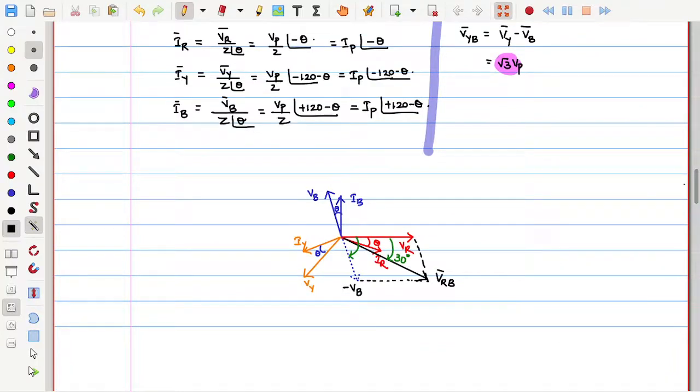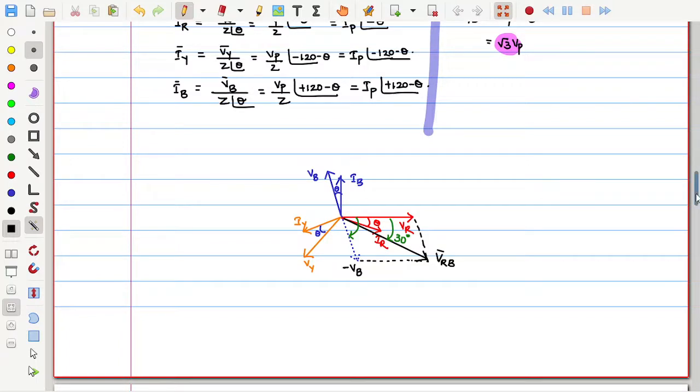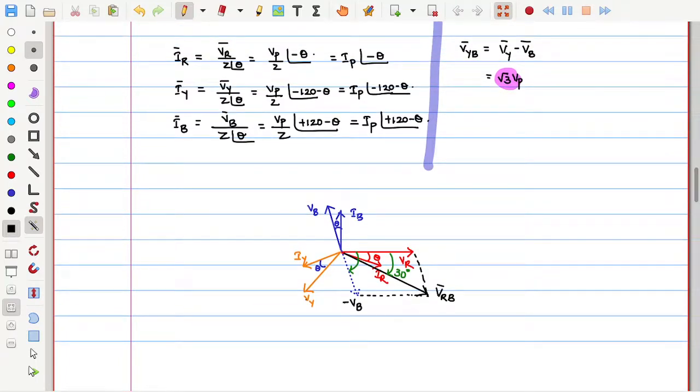So I got VRB. Next task is VYB. So Vy minus Vb. Vy is already here and Vb is also there, minus Vb. Then the angle between this is Yb, and now try to observe. Up to this is 60 degrees, this green color. So this is 30 degrees.